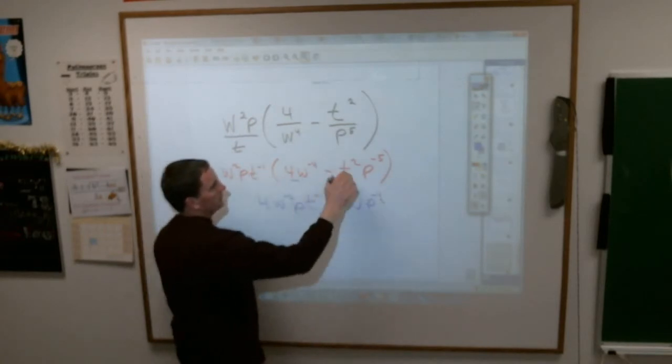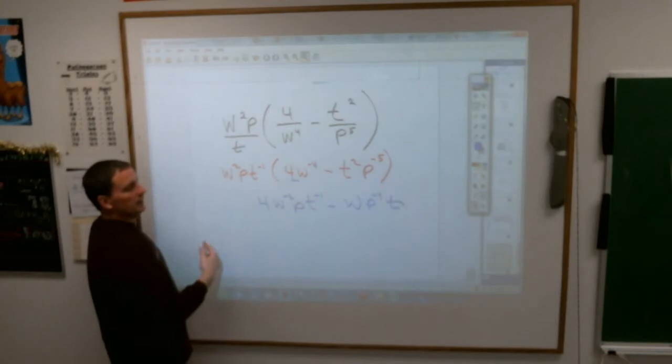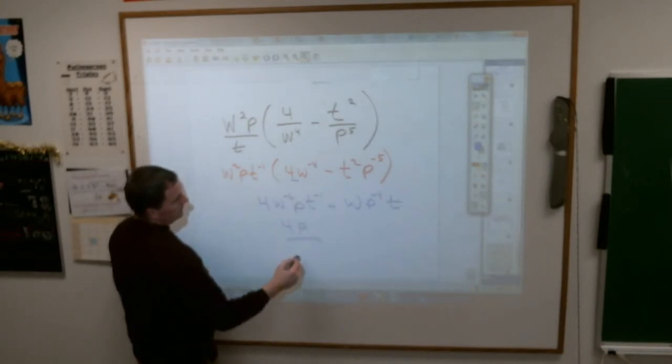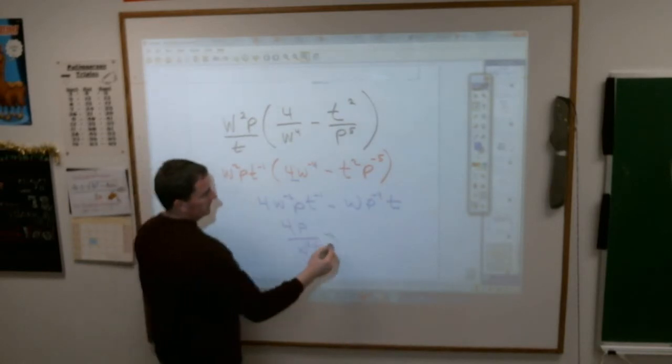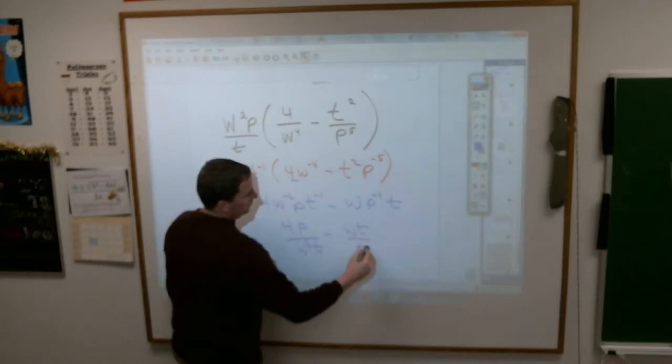And then t to the negative 1, t squared is just t. Making all your things positive, you get 4p on top over w squared t on bottom, minus wt on top and p to the 4th on the bottom.